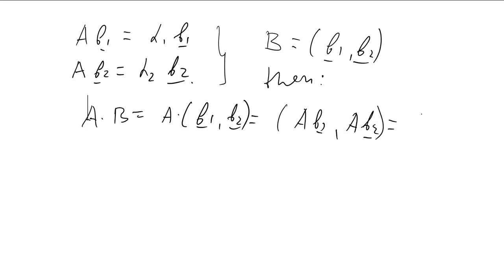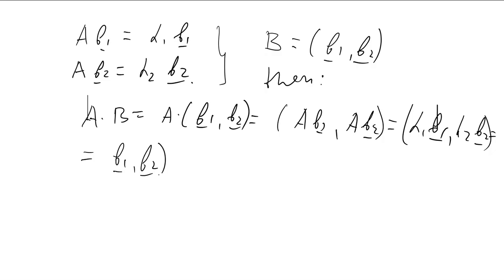A times b1 is lambda 1 b1, and A b2 is lambda 2 b2, and this can be represented as vector b1, vector b2 times matrix lambda 1, 0, 0, lambda 2. It's easy to check. So if we multiply, this is matrix B.